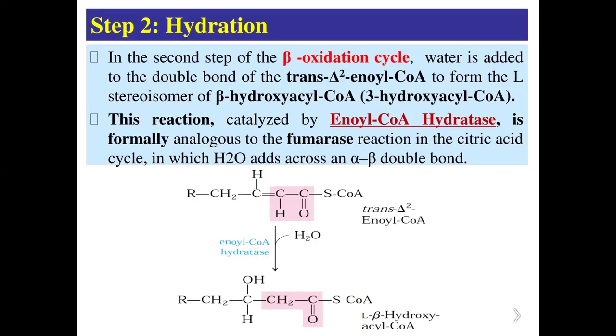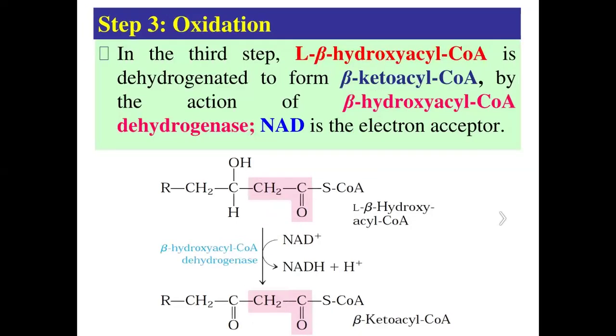Now, in the third step, L-beta hydroxyacyl-CoA is dehydrogenated to form beta-ketoacyl-CoA by the action of beta hydroxyacyl-CoA dehydrogenase. And this enzyme requires NAD as the electron acceptor.